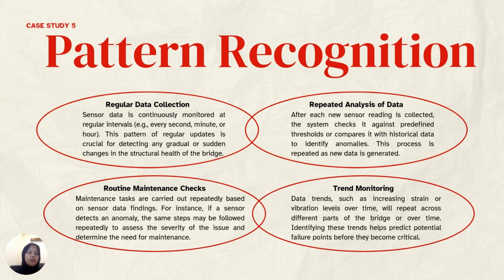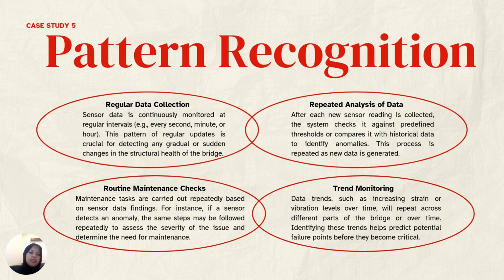The second one is repeated analysis of data. After each new sensor reading is collected, the system checks it against predefined thresholds or compares it with historical data to identify anomalies. This process is repeated as new data is generated.